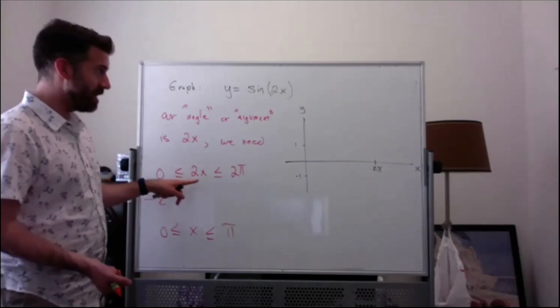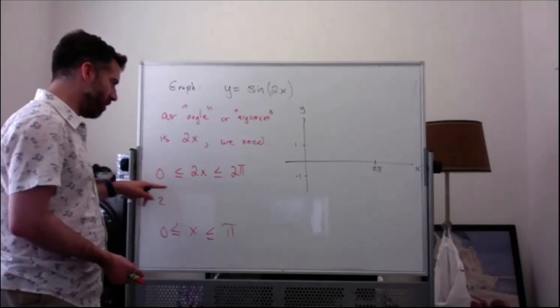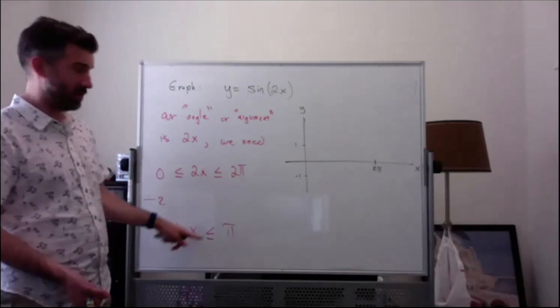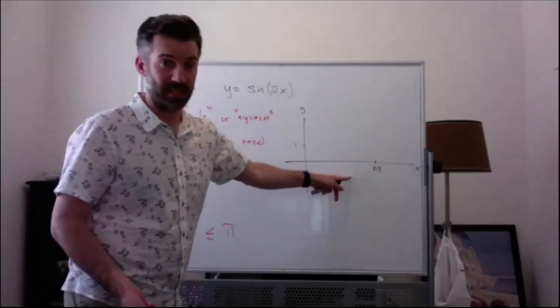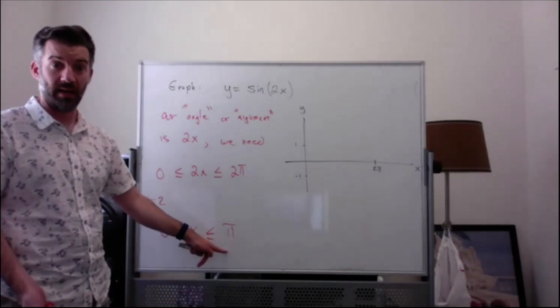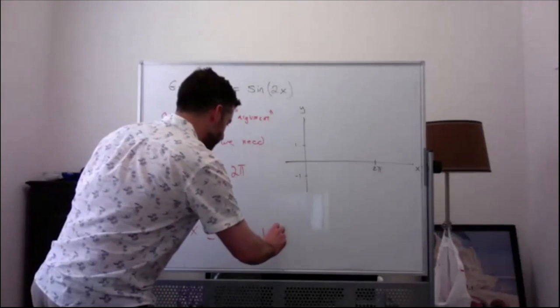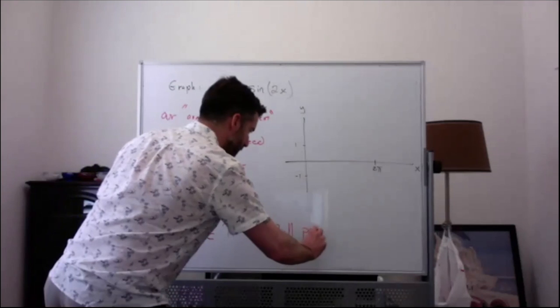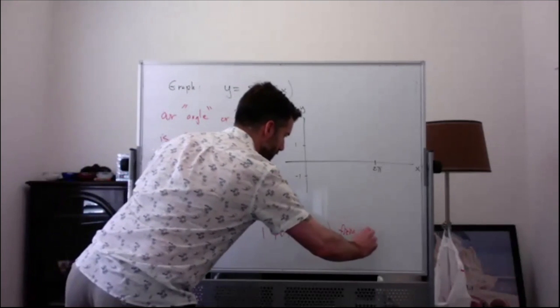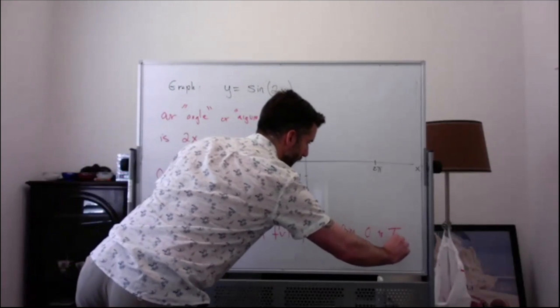For my angle 2x to go from 0 all the way to 2pi, the variable x, which is what our x-axis is representing, has to go from 0 all the way up to just pi. So we get one full period from 0 to just pi.